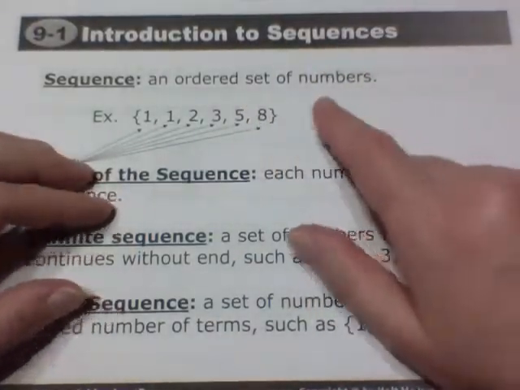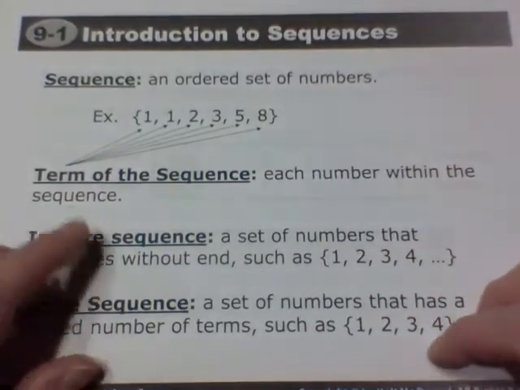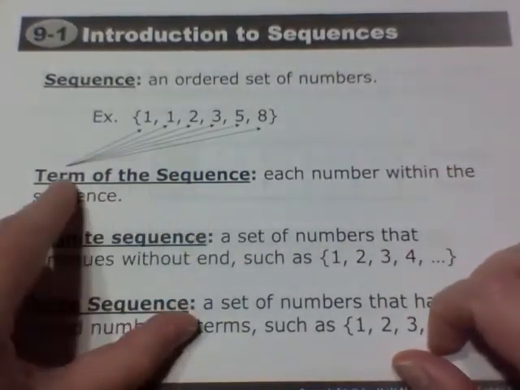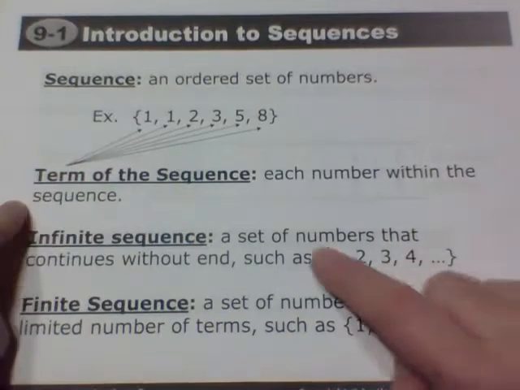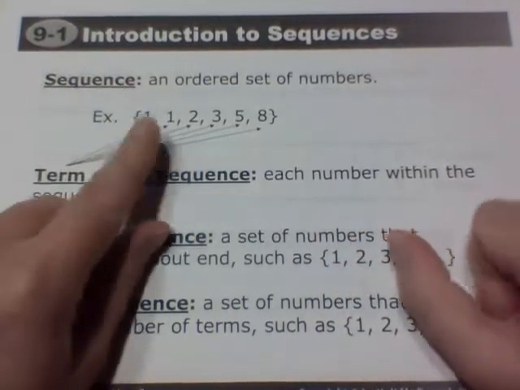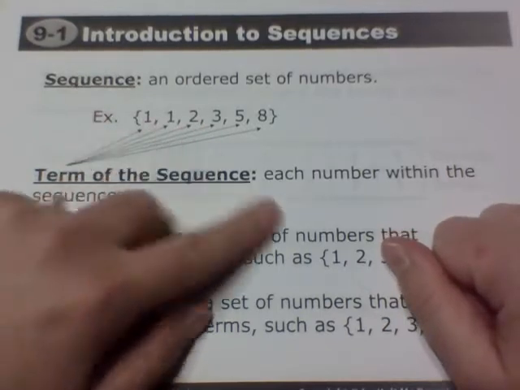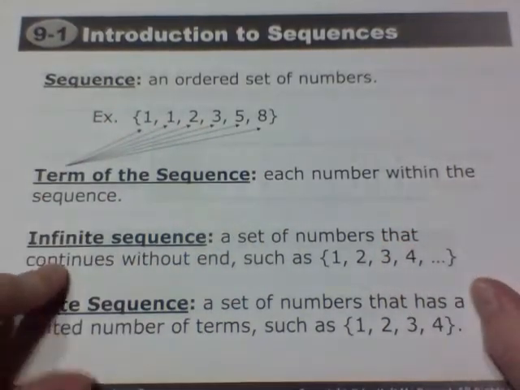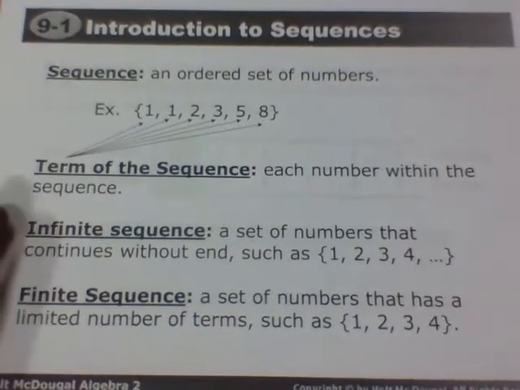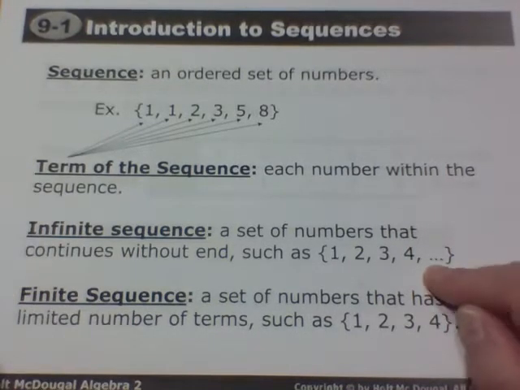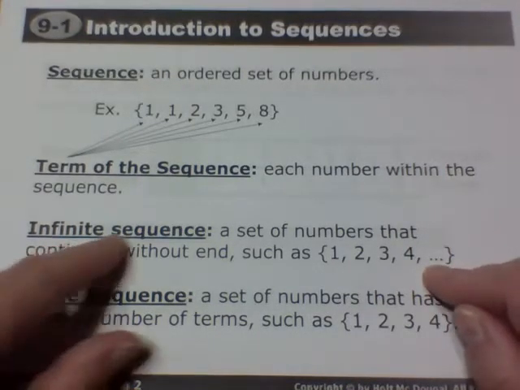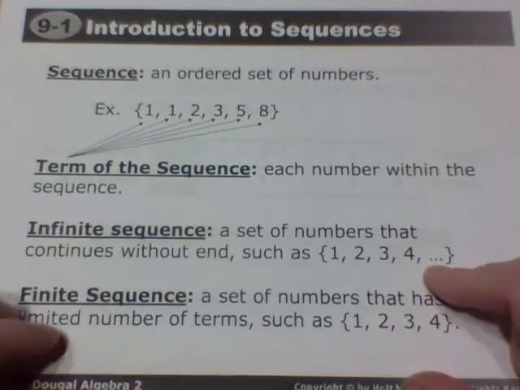And we're talking about our numbers here. The terms of the sequence, notice these little arrows here, are each number within the sequence. This is the first term, the first number, second term, third term, so each of these is a term. An infinite sequence is, of course, one that has the dots at the end. It's a set of numbers that continues without an end.